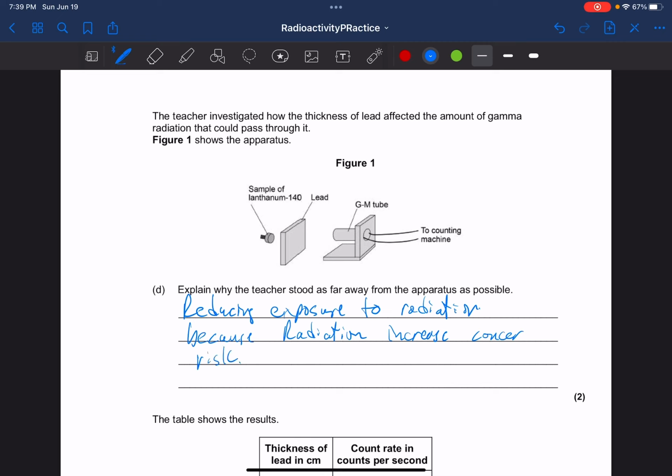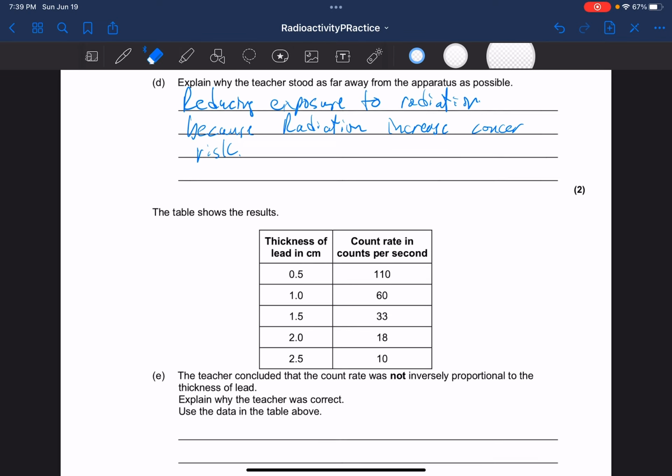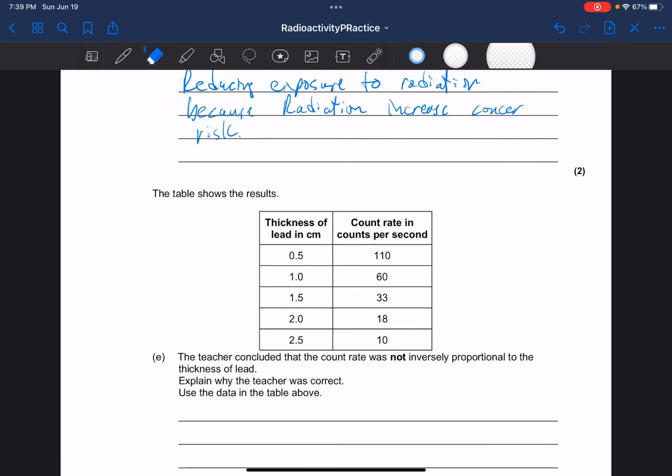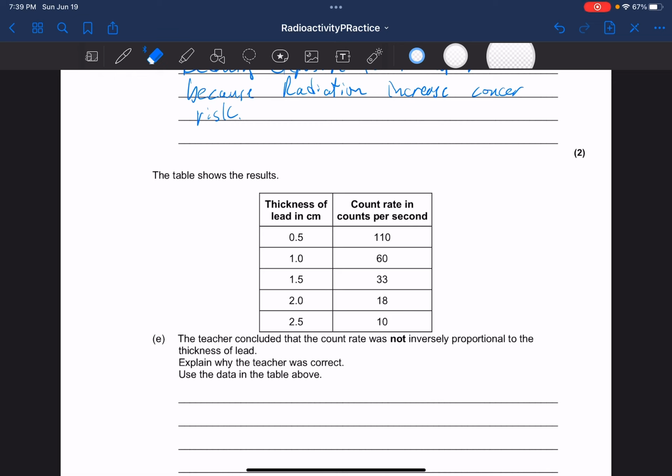So you want to limit your exposure as much as possible. Radiation has a dramatic decrease the farther away you are, and you just want to have as minimum risk as possible.